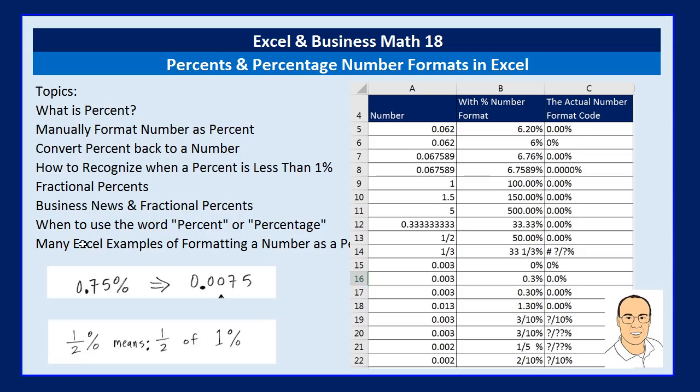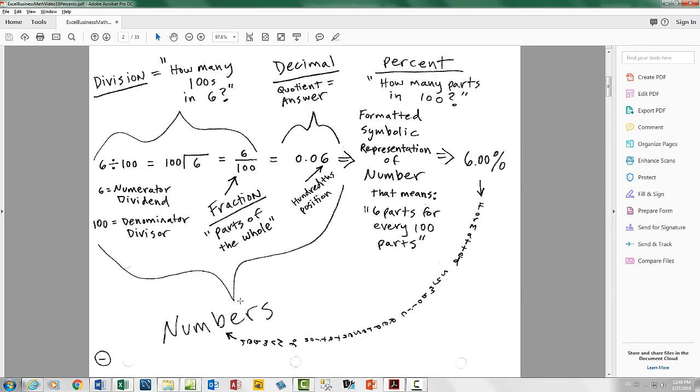Now, here are our topics, but before we go over to Excel, we got to go look at our PDF notes. Now, the first few pages in our PDF notes are a review from video 10, but we got to remind ourselves, division, anytime we do 6 divided by 100, we're asking how many hundreds in 6.